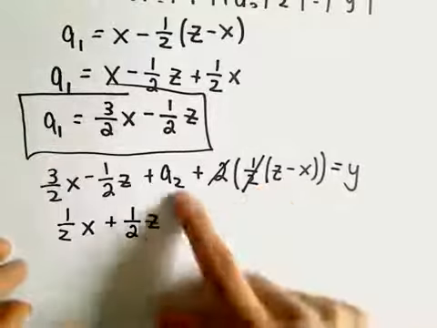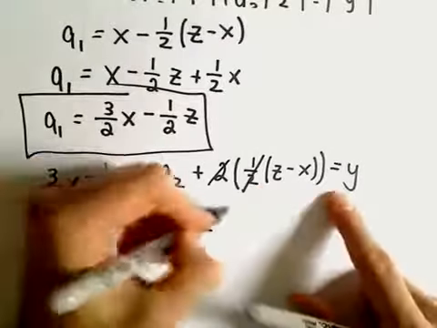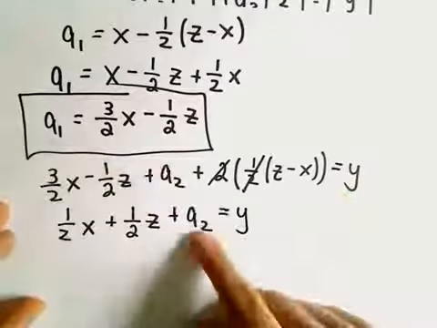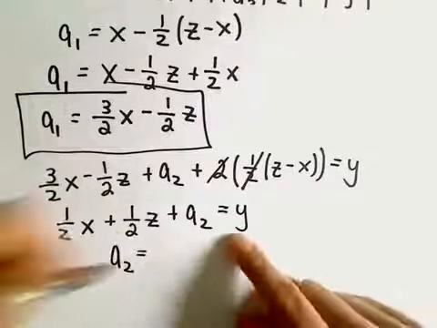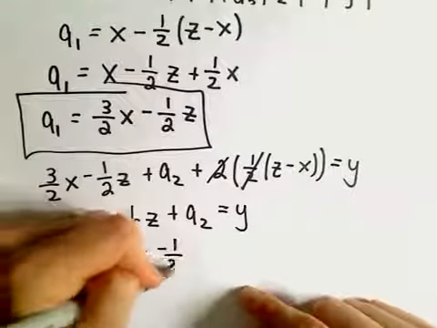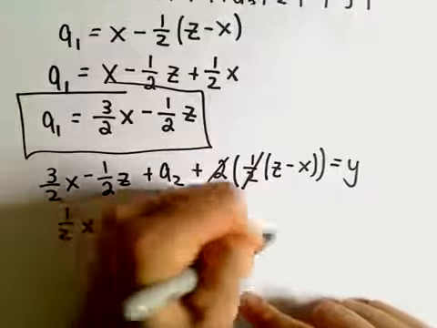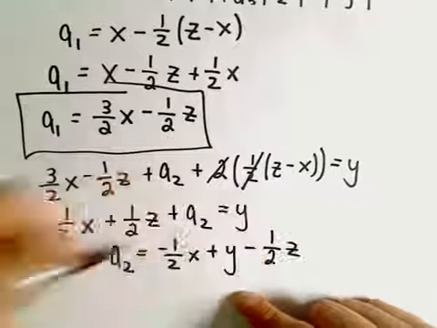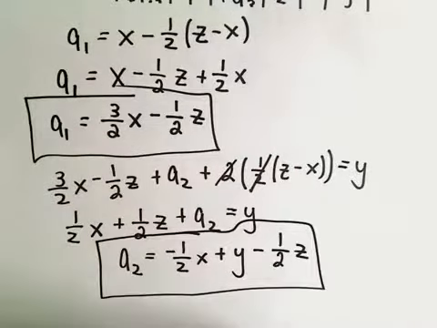We still have our plus a sub 2 hanging out, and that's equal to y. Now we can simply solve for a sub 2. If we subtract, a sub 2 would be negative 1/2 x plus y minus 1/2 z. And now we've solved for a sub 2 as well.